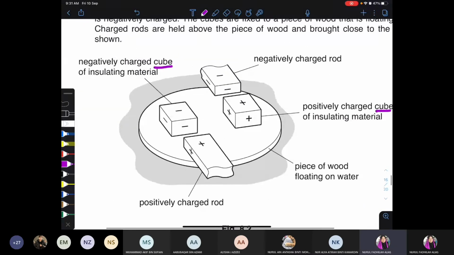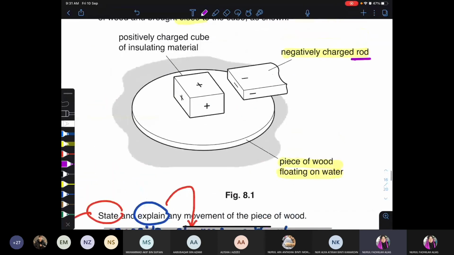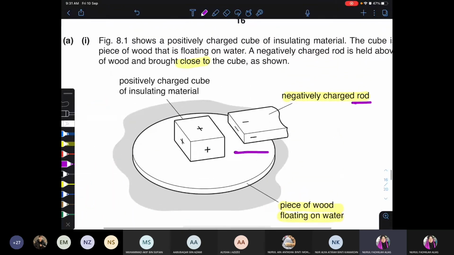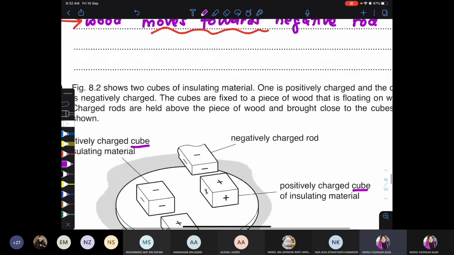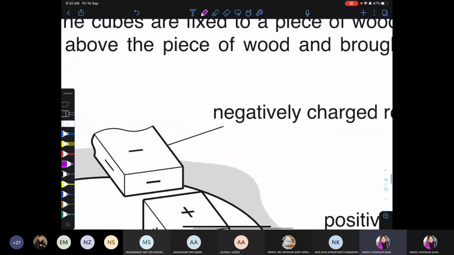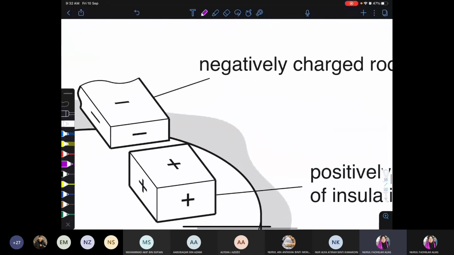Earlier, this one went to the right. Why? Positive to negative, they attract. Now suppose we have only the positive part. What happened to the wood?